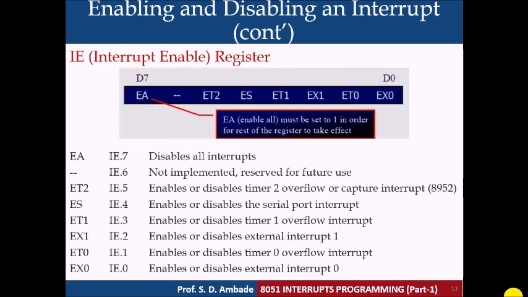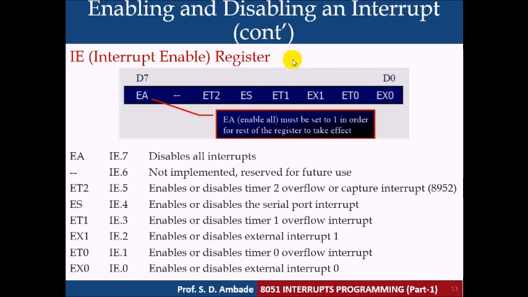So if we want to enable the serial port interrupt, then we have to set this bit ES as well as this bit EA, because EA is the main switch.